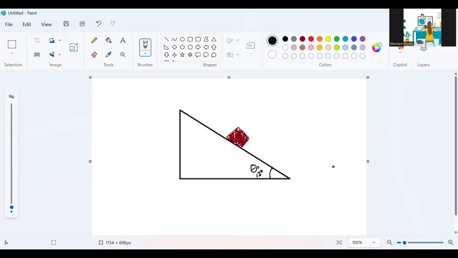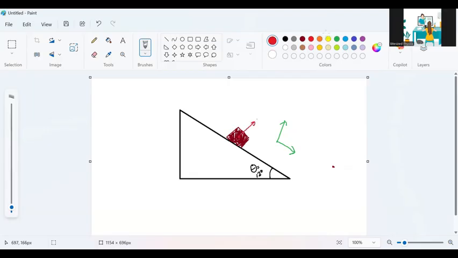Now it's imperative, whenever you work these crate-on-an-inclined-plane problems, to establish your X and Y coordinate. We're going to establish our X and Y coordinate this way. We're going to acknowledge that the weight of the crate is along the X and Y coordinate and the normal, which is perpendicular to the surface.